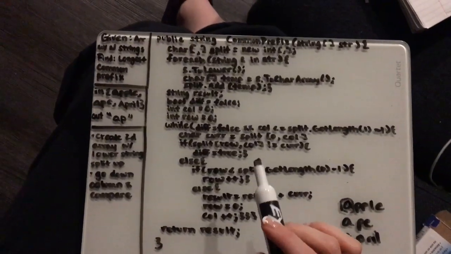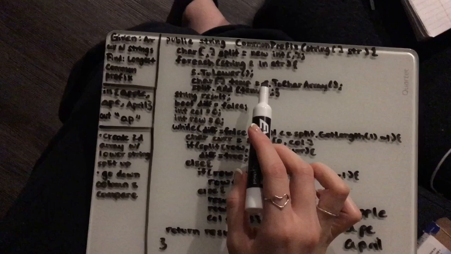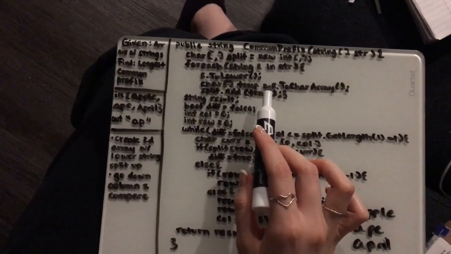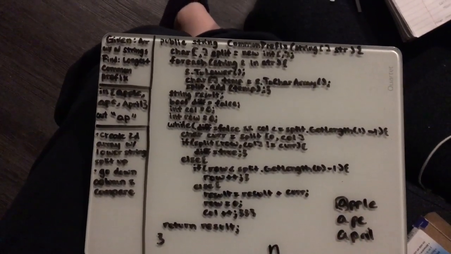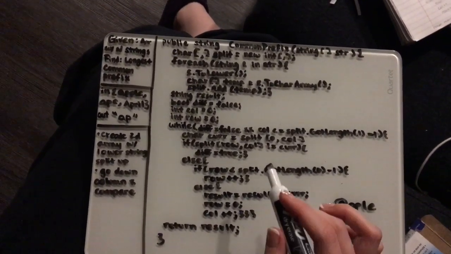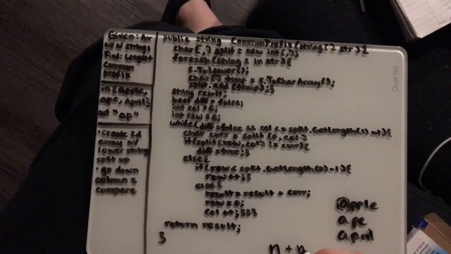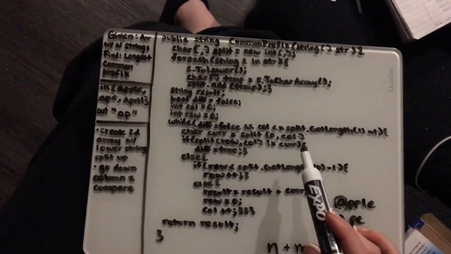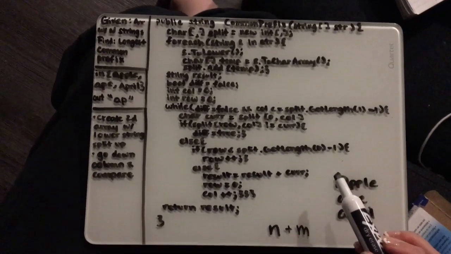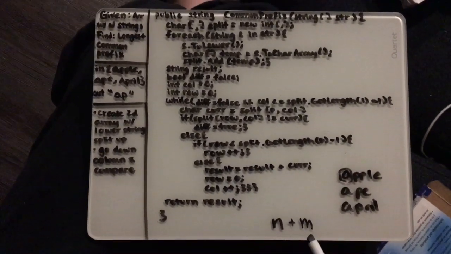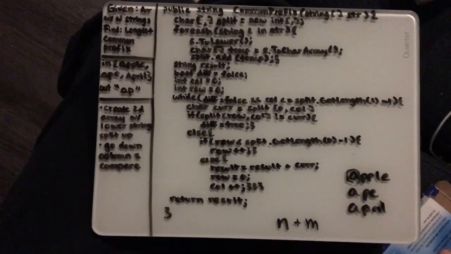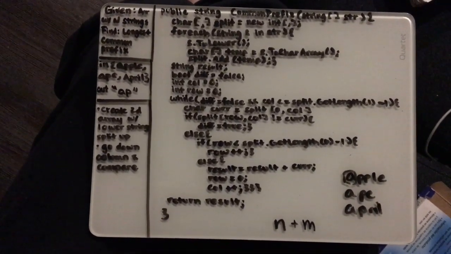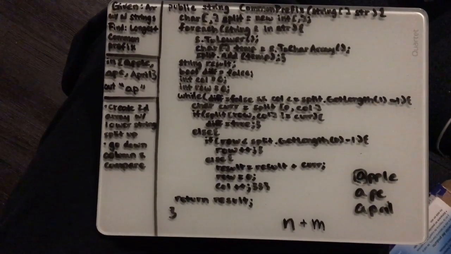So for our time, we're going to be going through our strings n times, and we're going to be going through our first string, which is m. So we'll be going through potentially every character in our first string that has been broken up into a character array.